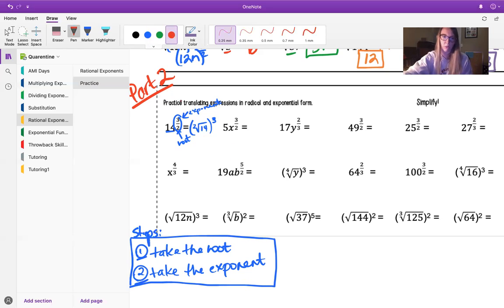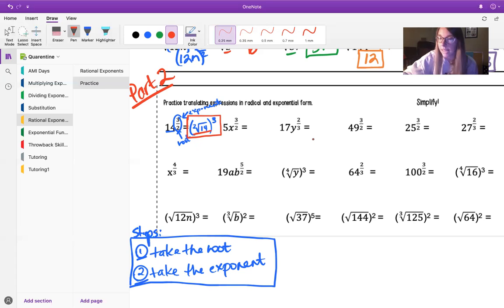We're going to take the root, so that's basically what's going to be inside of your parentheses: the square root of 14. What two numbers can we multiply by itself to give you 14? There isn't one, so that can't be simplified anymore. So this is the simplified form. Can't simplify it any further.